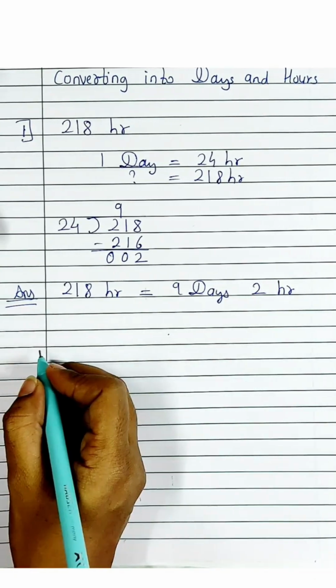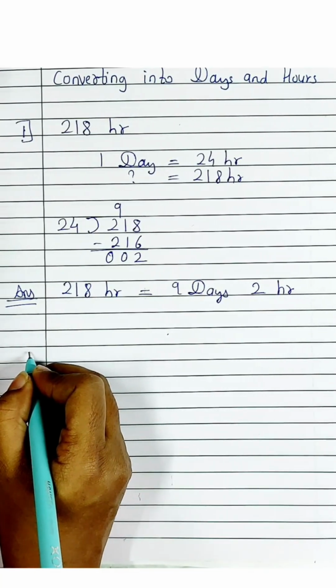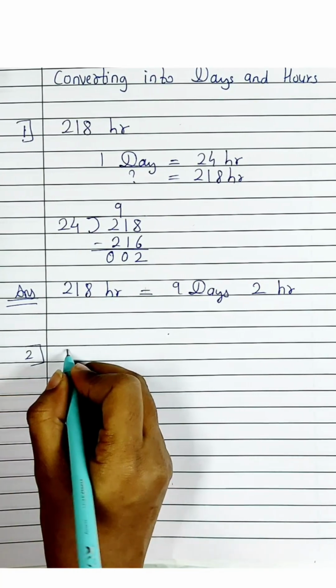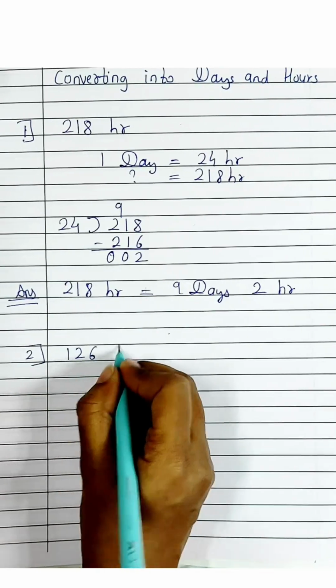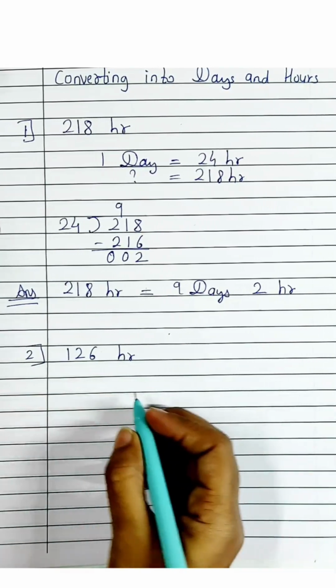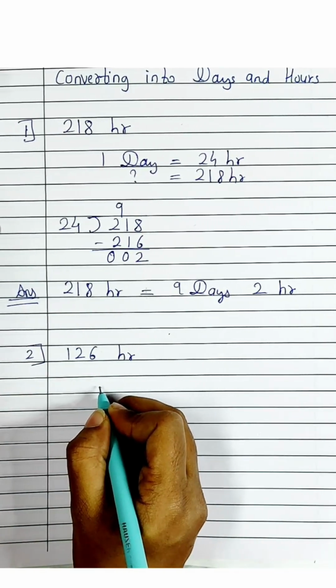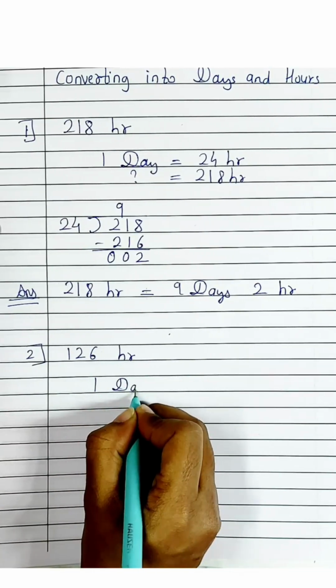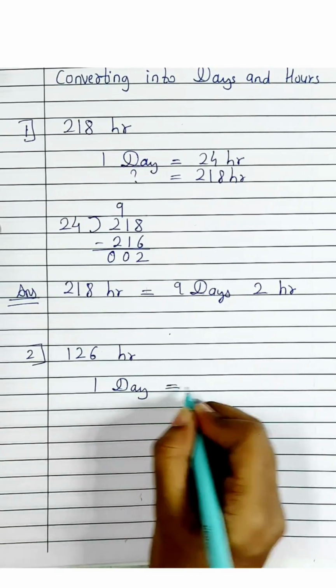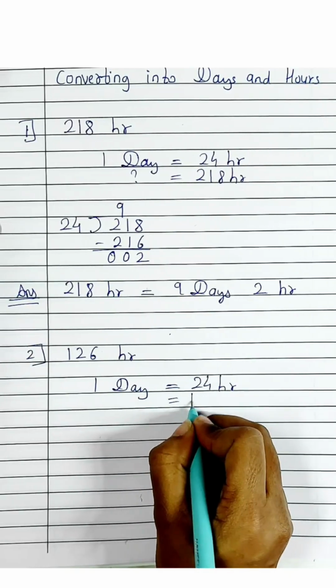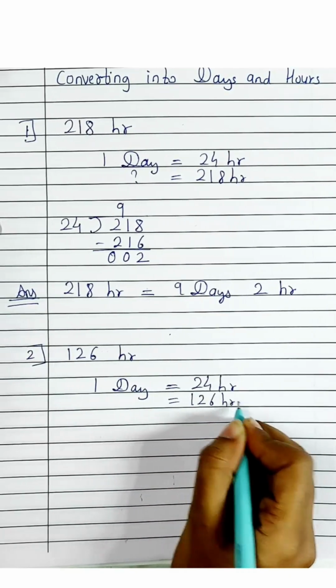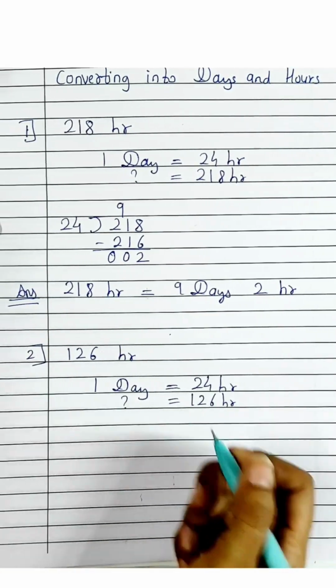Okay, let us do one more example. Yes, for example, in 126 hours there are how many days? So we know that in one day there are 24 hours. So in 126 hours there are how many days?